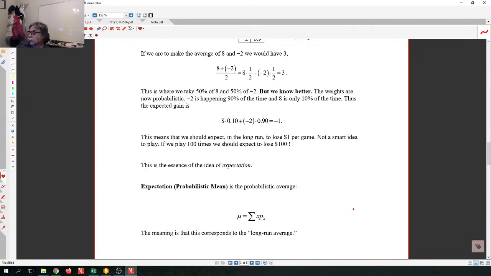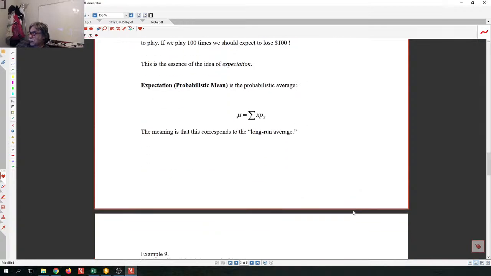Again, how is expectation calculated? Here's a formula. We have a Greek symbol, mu, that's the symbol for the expectation. And then you have to multiply every single x that you have.